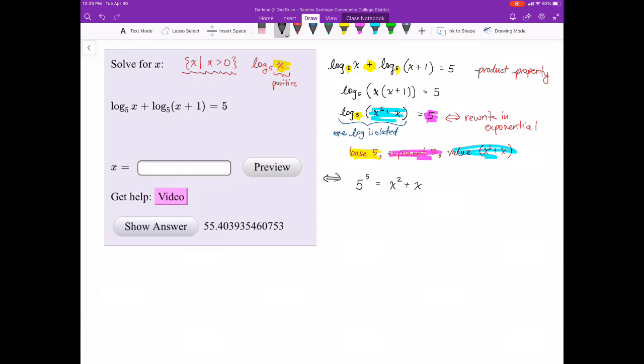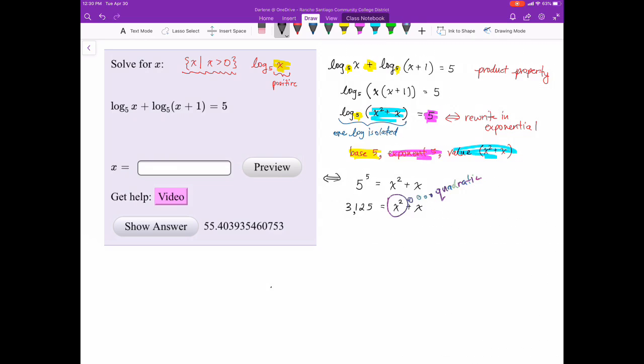Great. And 5 to the 5th power is 3,125, equal to x squared plus x. Now we get a familiar intuition here because we see this x squared term. We know that this has to be quadratic, and we start putting on our quadratic hat.